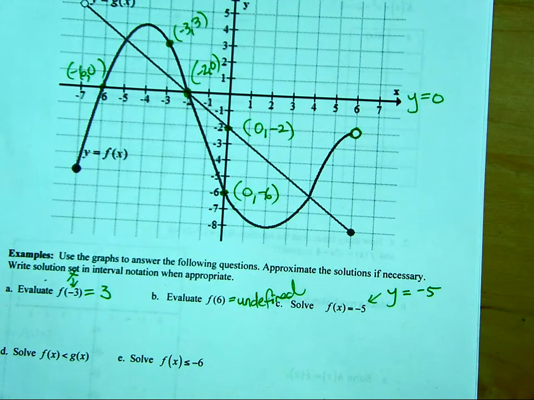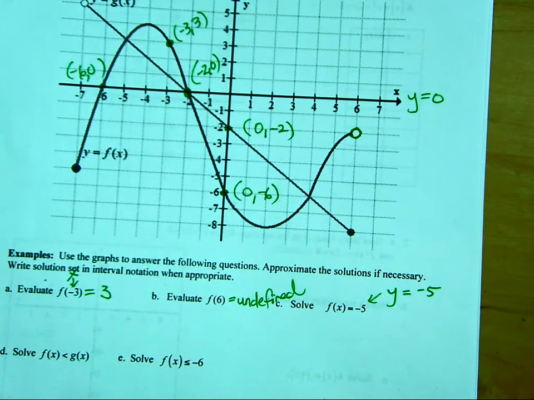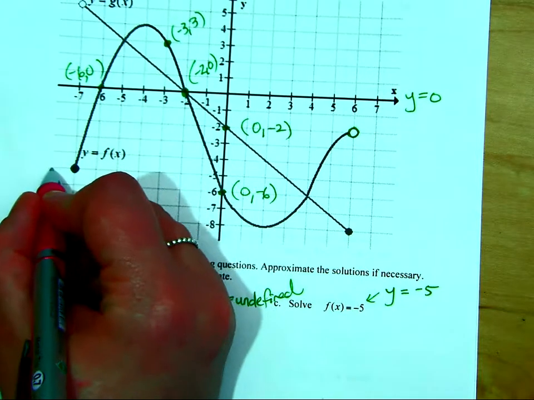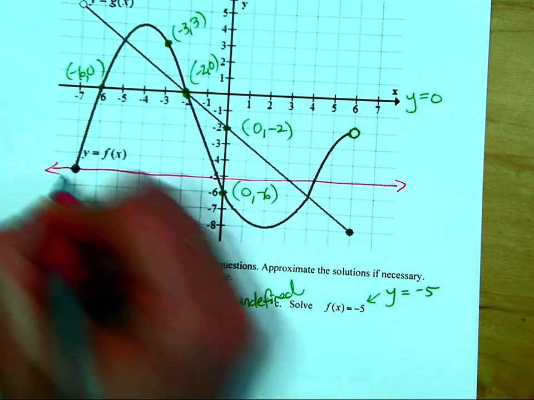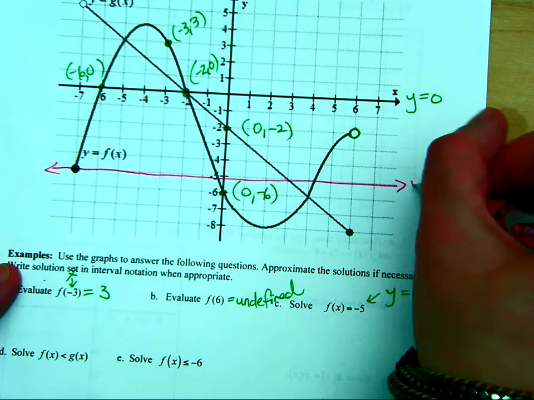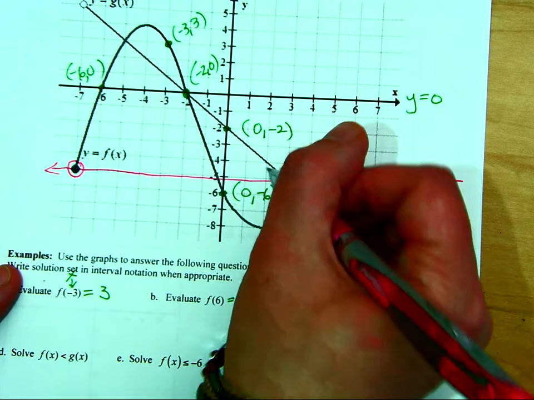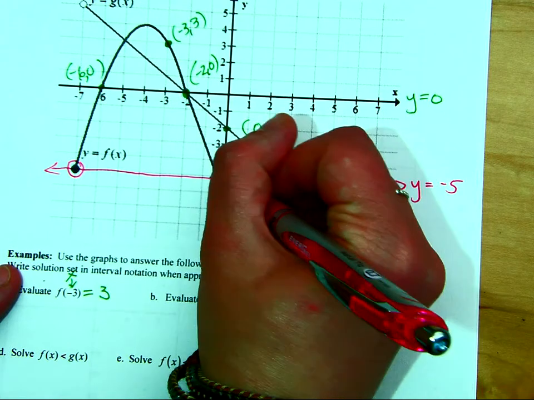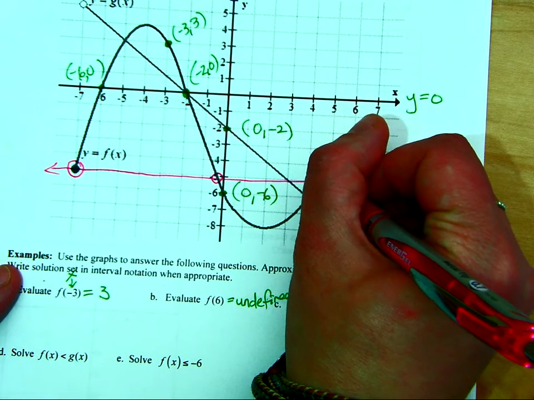Just like I told you that y equals 0 is this line, what's the equation of this line that I just drew? It's actually y equals -5. Do you see why that is?